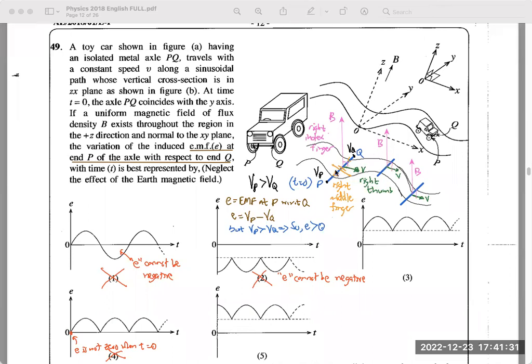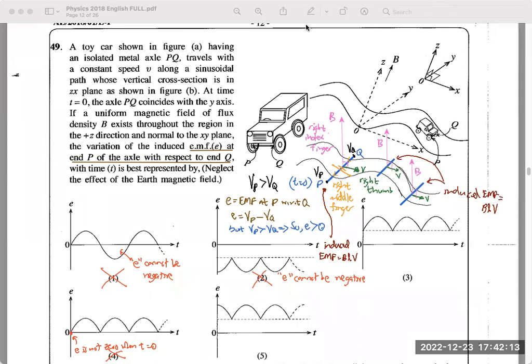Here the induced EMF will be equal to directly BLV, that's all. Here and here the induced EMF will have the same value, BLV, because velocity is perpendicular to the magnetic field.